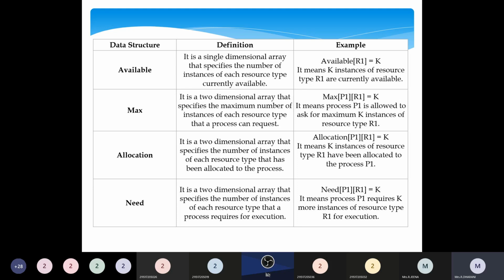The current need is what we call the need data structure. That is represented with Need[P1][R1] = K. So it means process P1 requires K more instances of resource type R1 for current execution.